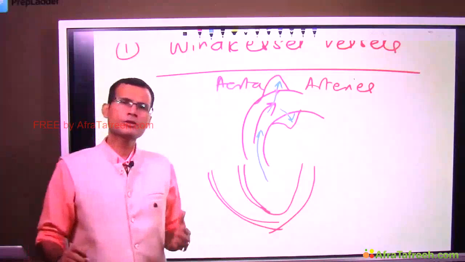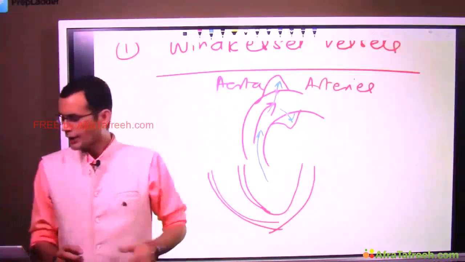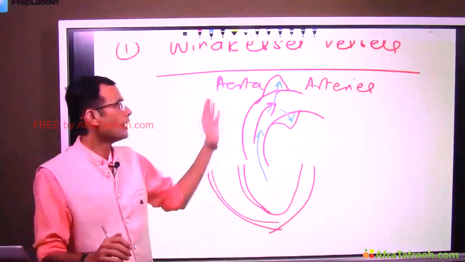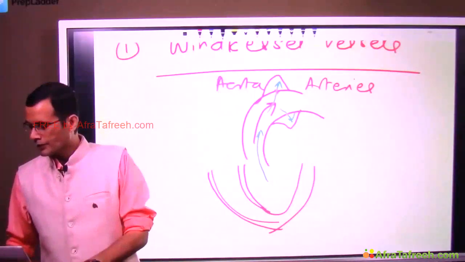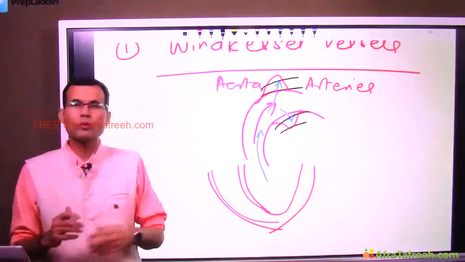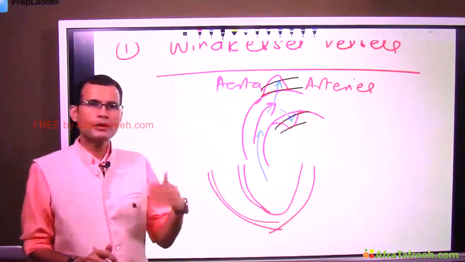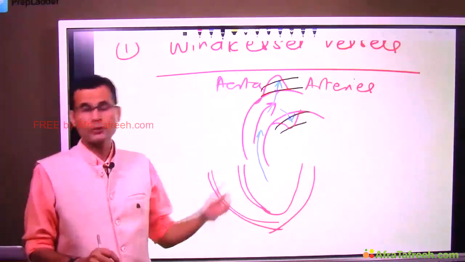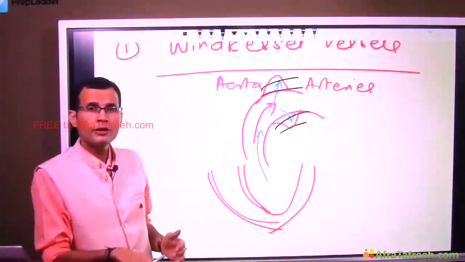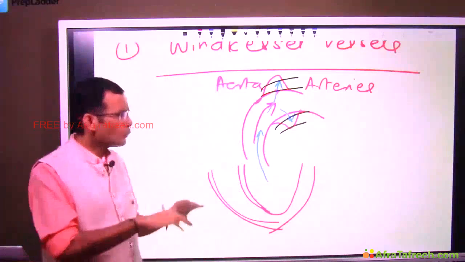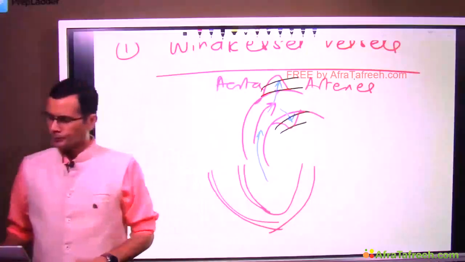In fact, there was a question on this. If a plaster cast is applied to the aorta, what will be the effect? Increased systolic and increased diastolic pressure, or decreased systolic and decreased diastolic pressure, increased systolic but decreased diastolic, or decreased systolic, increased diastolic. Various options.